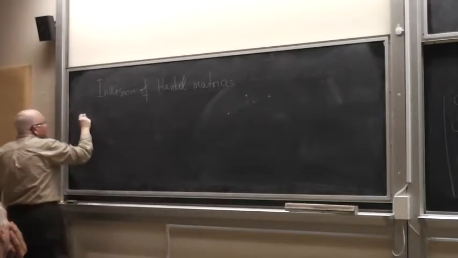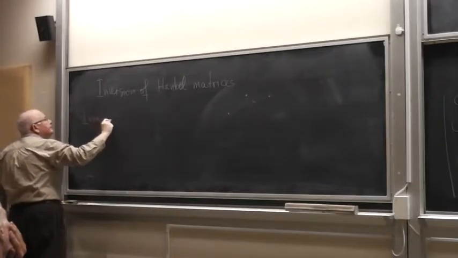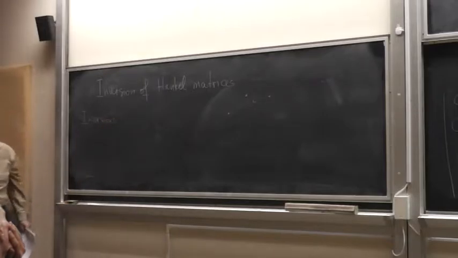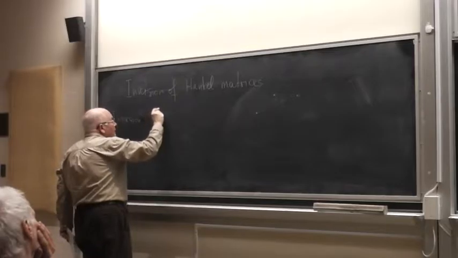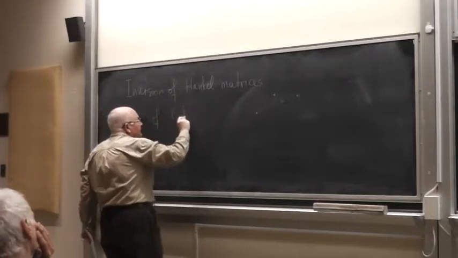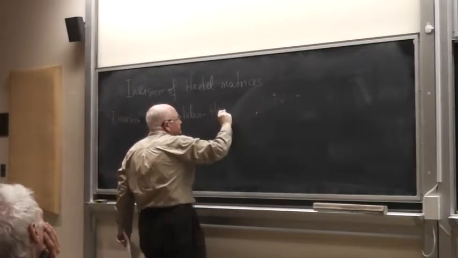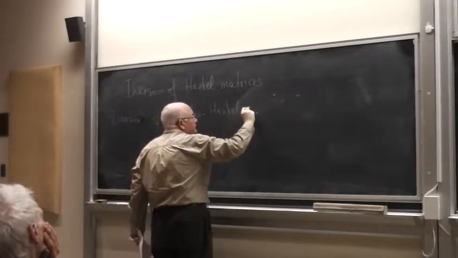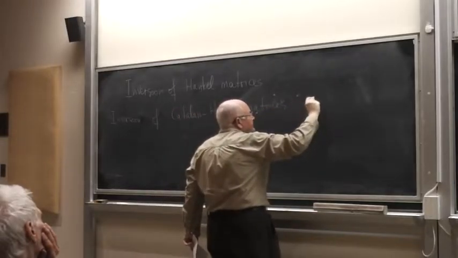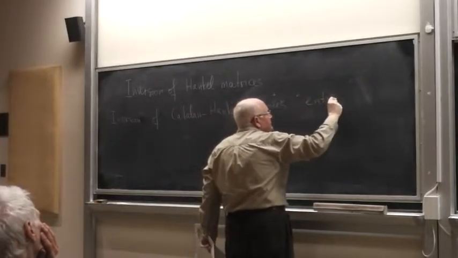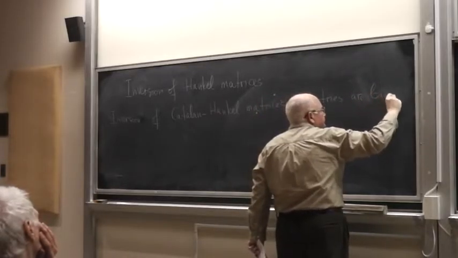Now, I think we were interested in inversion of Hankel matrices, because of the inversion of these Catalan Hankel matrices. If you do this, then it's known that the entries are binomial coefficients.